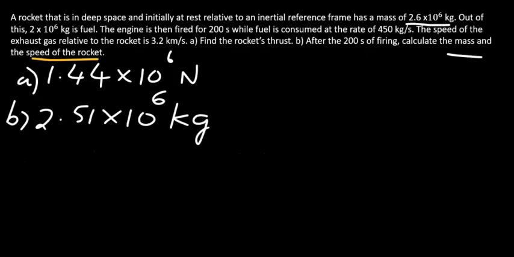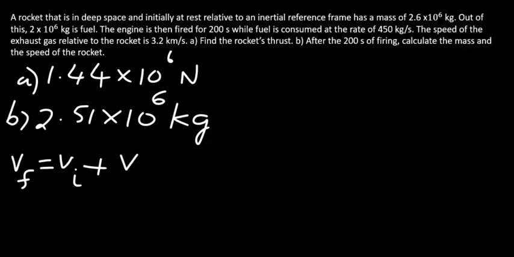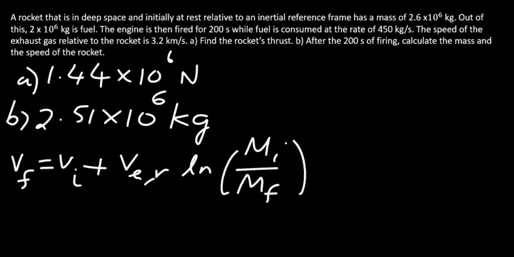What about the speed after that many seconds? To determine that, we need to use the second rocket equation that says the final speed equals the initial speed plus the speed of that exhaust gas relative to the rocket times natural log of initial mass of the rocket over the final mass of the rocket. We know that the initial speed is 0 because the rocket was at rest. It's mentioned right there.